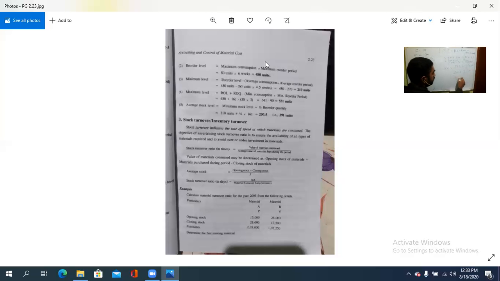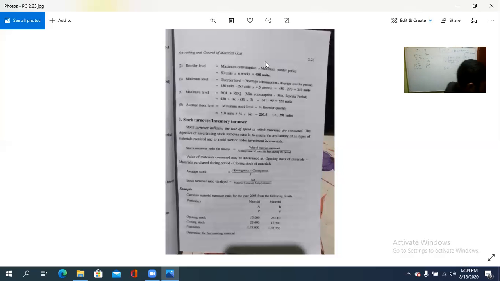So 210 plus 161 divided by 2 is 80.5. So 210 plus 80.5, that is 290.5 units. So 291 approximately.